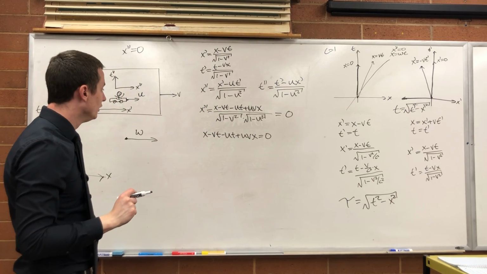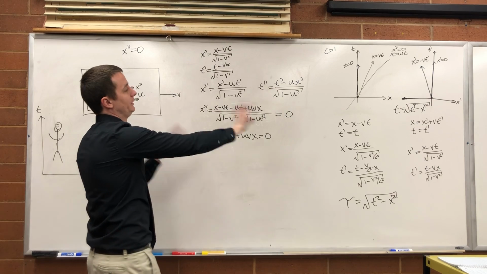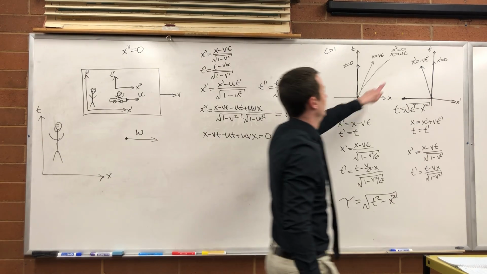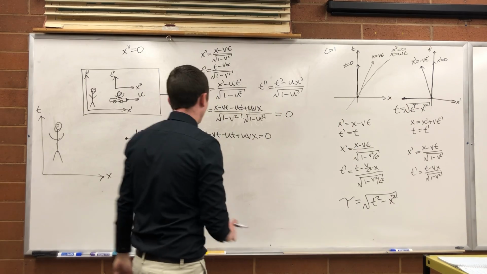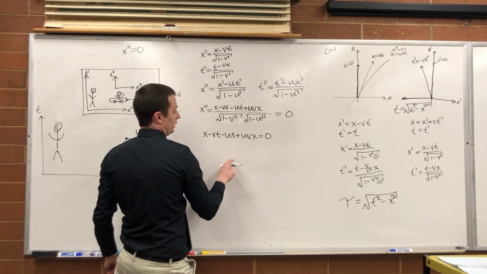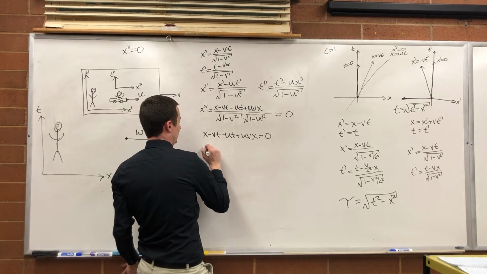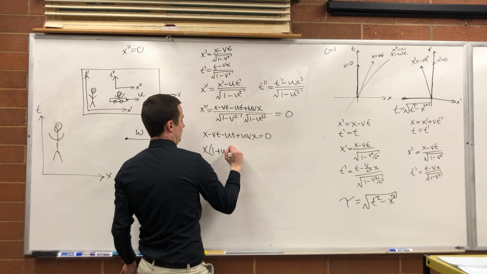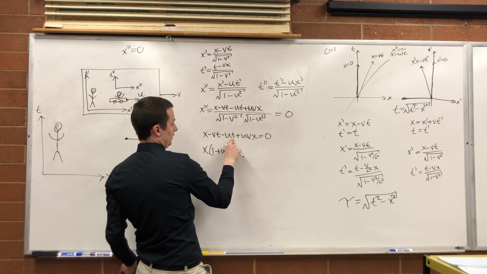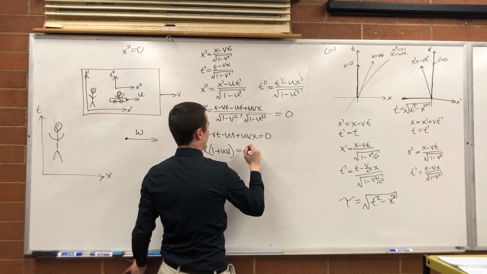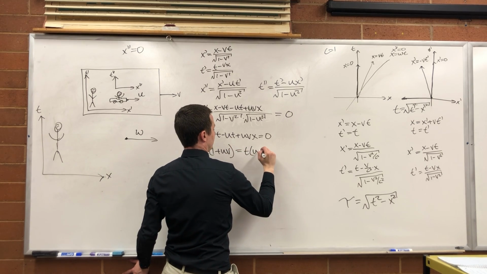Okay, so put all my x's on one side, all my t's on the other side, because I want it in the form of x is equal to my velocity times time. So we'll leave my x's over here, and we'll put everything else over there. So over here we have x times 1 plus uv is equal to, when we move that to the other side, t times u plus v.